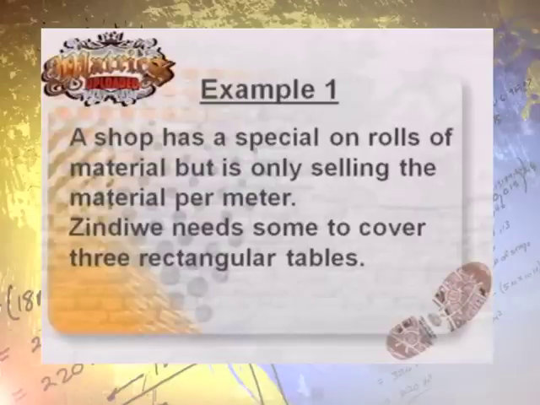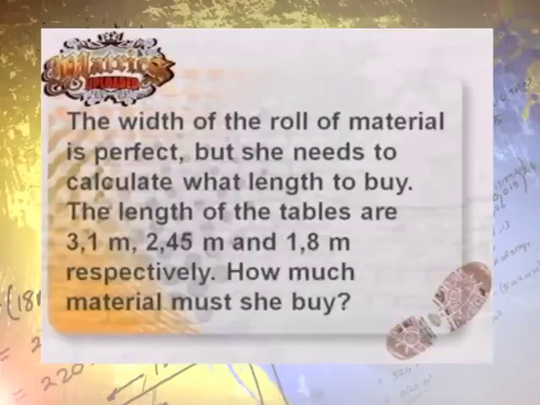The width of the roll is perfect, but she needs to calculate what length to buy. The lengths of the tables are 3,1, 2,45, and 1,8 meters respectively. How much material must she buy?